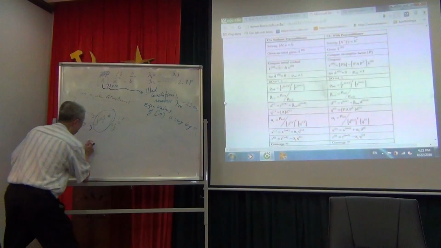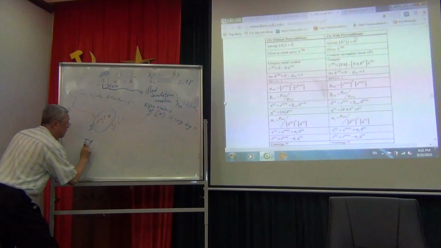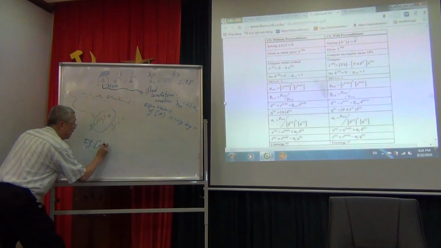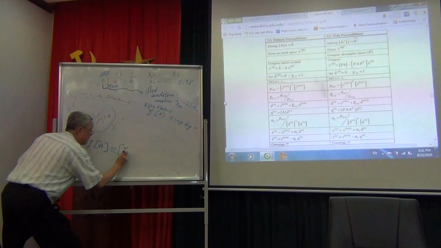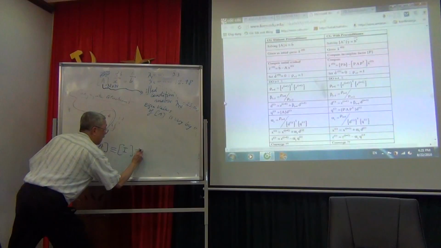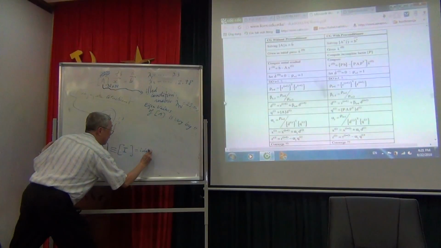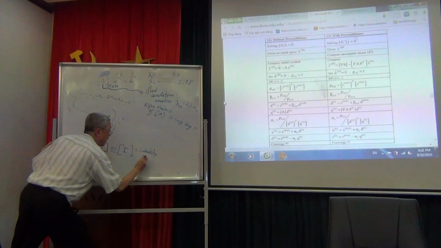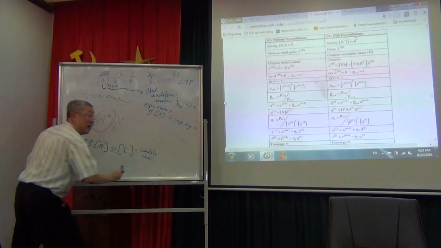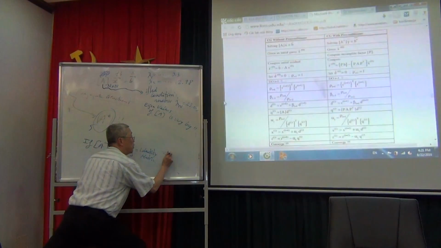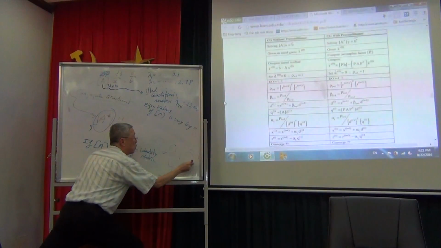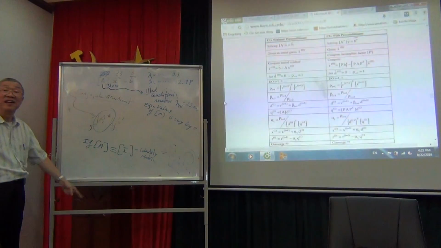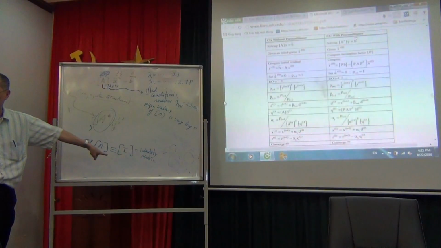Say the matrix A happens to be the identity matrix. Identity matrix means, you know already, right? 1, 1, 1, 1, 1 on the diagonal, 0 everywhere else. This is called the identity matrix.